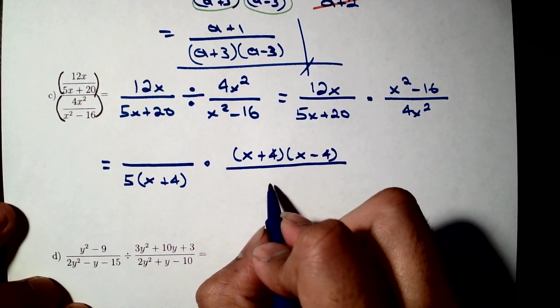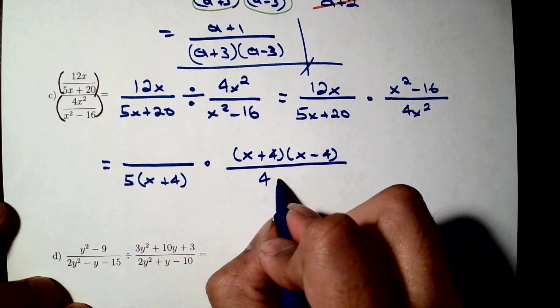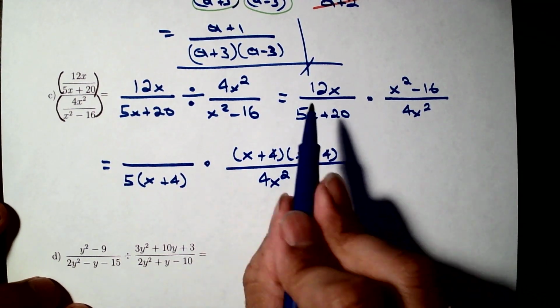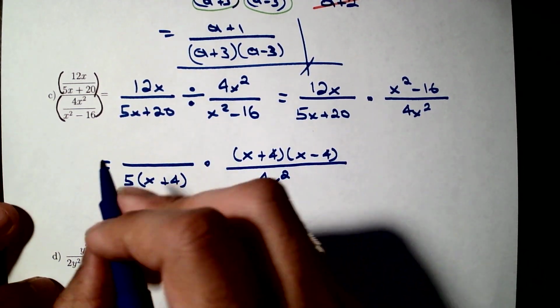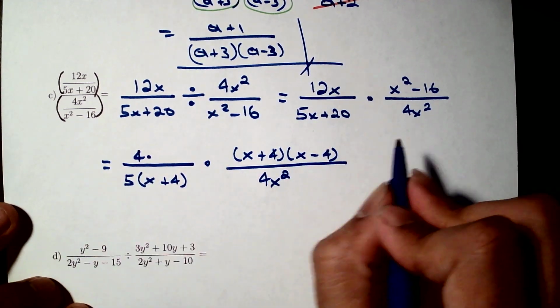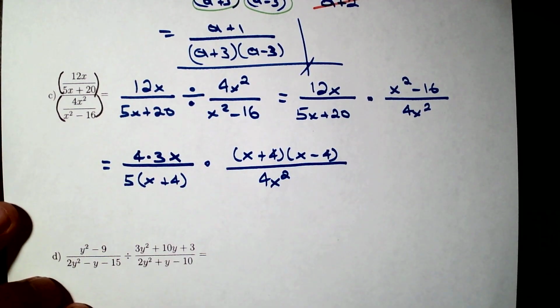Alright, and over here I have 4x squared. Notice that 12 has 4 in common with this 4, so I'm going to write this as 4 times 3x.